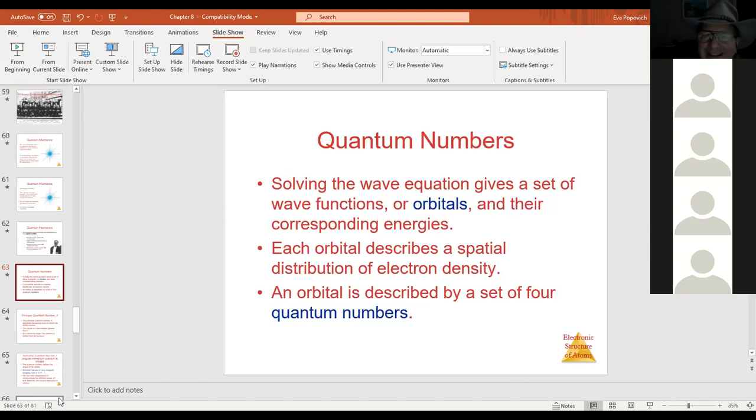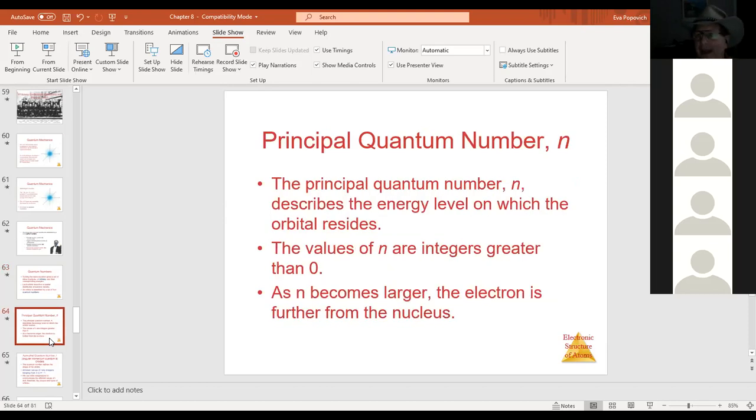Solving the wave equation will give you a set of wave functions or orbitals and their corresponding energies. The electron, it's in an orbital, will be described by 4 quantum numbers. The first one, N, describes the energy level on which the orbital resides. N can have values of whole numbers greater than 0, cannot be 0.